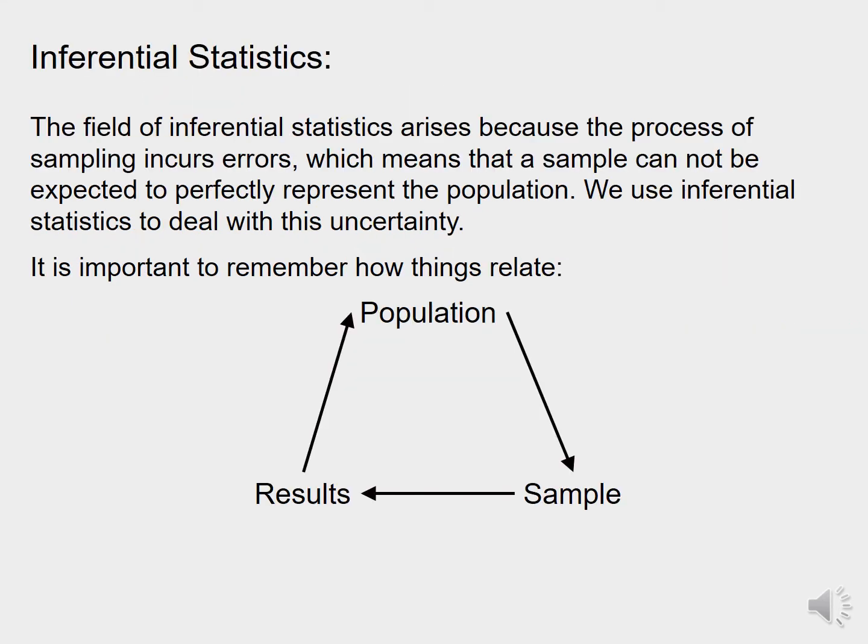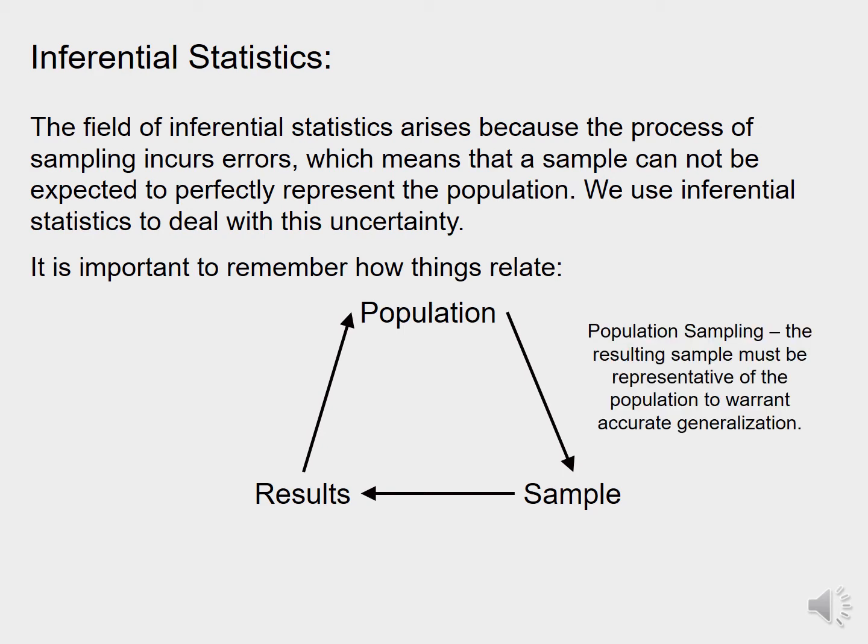We use inferential statistics to account for the differences that are known to occur because we are sampling a population instead of taking a census. Because we are sampling, our sample will not perfectly represent the population, and that is why we use inferential statistics to characterize this uncertainty. The thing to remember is that we start by trying to generate a representative sample of the population.